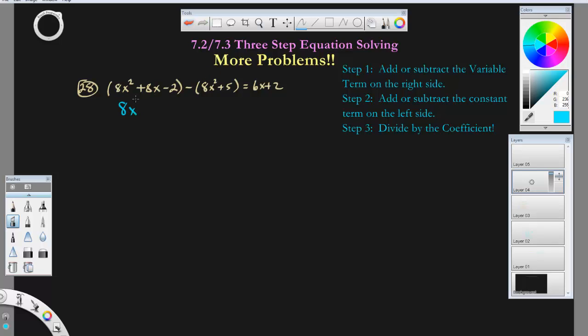I'm going to recopy all this. 8x squared plus 8x. Now don't get scared of this x squared thing, because watch what happens here. I'm going to subtract both of these things inside this. I subtract 8x squared, and I subtract plus 5. So that's going to be minus 5 there, equals 6x plus 2. Now, let me back up and show you that again in super slow motion.